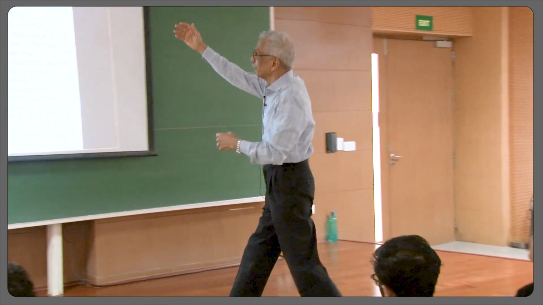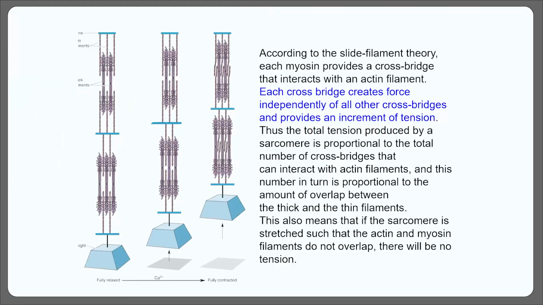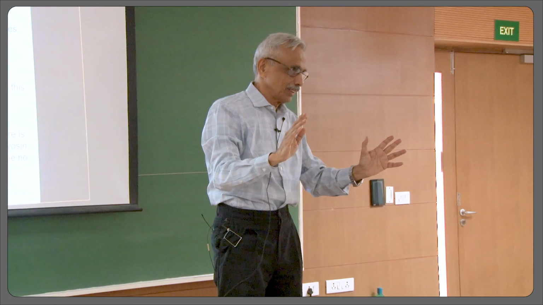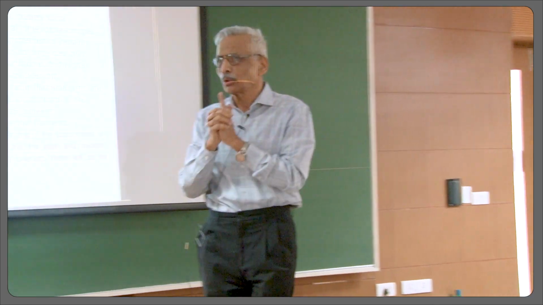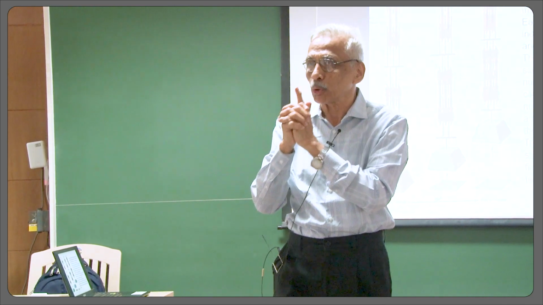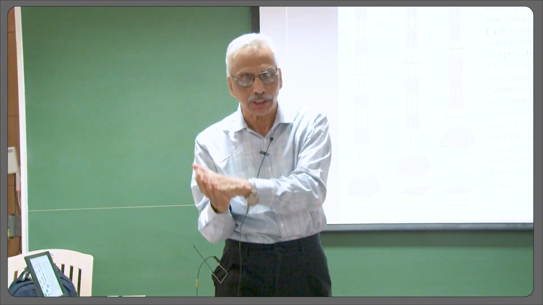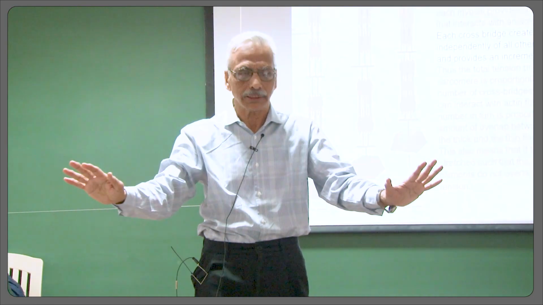You see, after a certain limit, once the overlap is complete, then no matter whatever you do, there won't be any additional force. The amount of force that a muscle can generate depends on how many opportunities there are for the heads of the myosin to combine with the actin molecule, plain and simple.